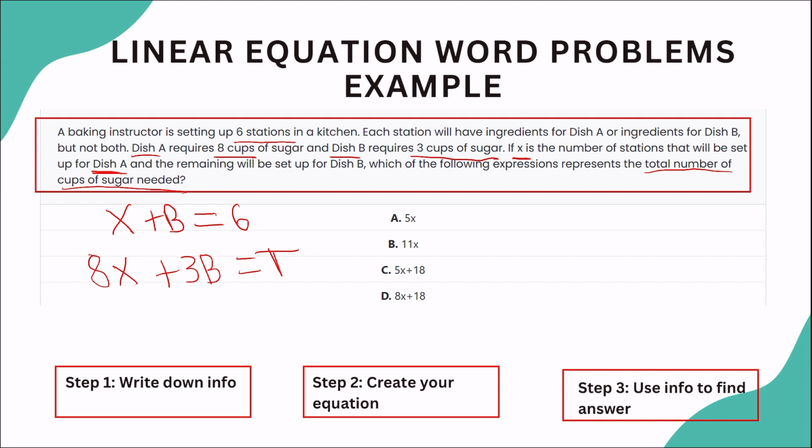Okay, so now we're getting a little closer to what our question is asking, but none of these answer choices have any b's in them, so I'm going to try to isolate it and only make x's. I'm going to do this by rewriting our first equation as b equals 6 minus x. Once we have this b isolated, we can plug it into our second equation.